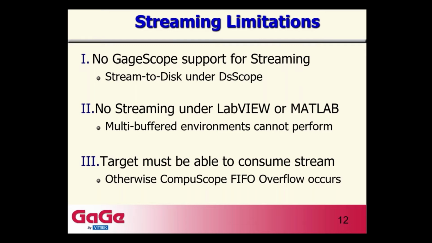Finally, we've already alluded to this limitation. The customer, the user, is responsible for ensuring that the target is able to consume the stream. We usually say we can do our part of the job. We can get the data to the PCI bus at these incredibly high rates, like 4 or 5 gigabytes per second. The PCI bus is able to do its job and transmit the data along at these high speeds.